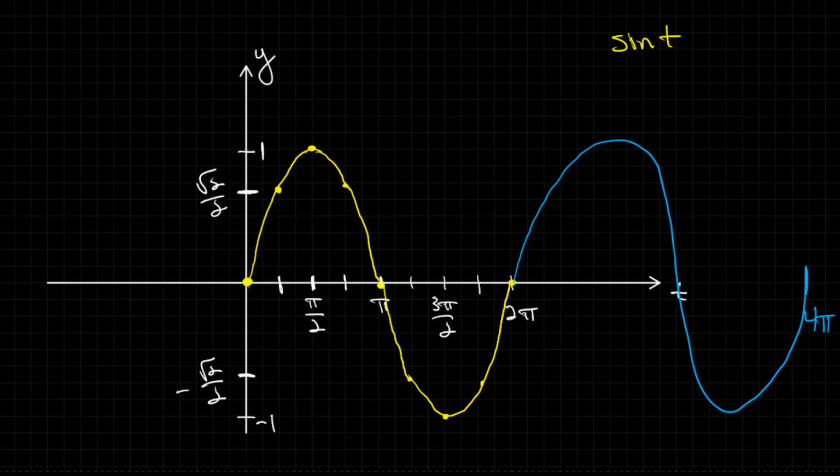Similarly, if you wanted to go and get some negative angles and sketch what the graph is for negative angles, you'd get something that looks like this, where this here would be negative 2 pi. And so quite literally, this graph just repeats over and over and over again.